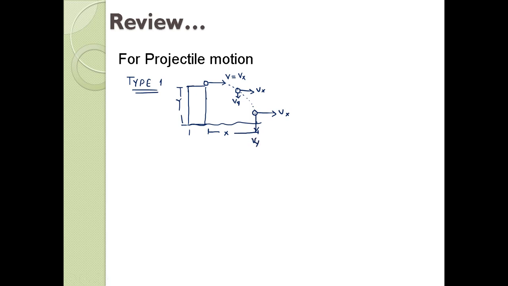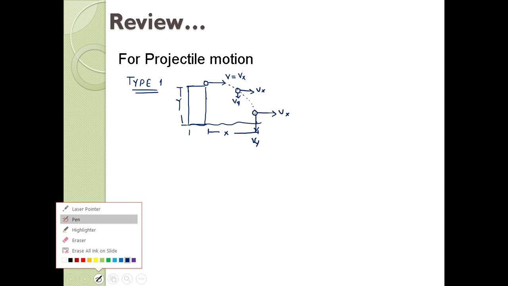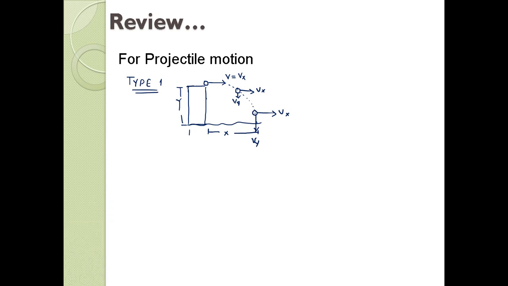For this type of motion, you have to keep a few things in mind. Number one, initially there is no vy, vx is v, and acceleration as usual is always downward and it will be g, that is 9.8 meters per square second, and we will keep this for the whole journey.